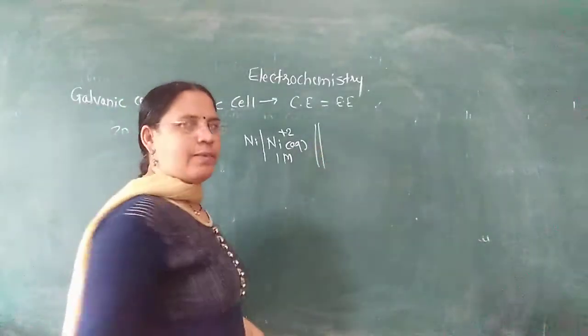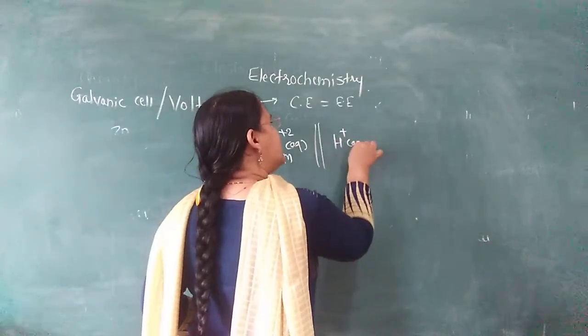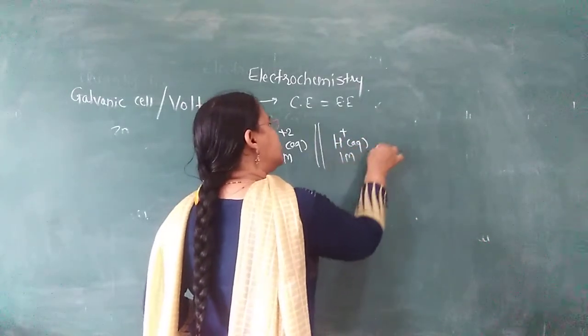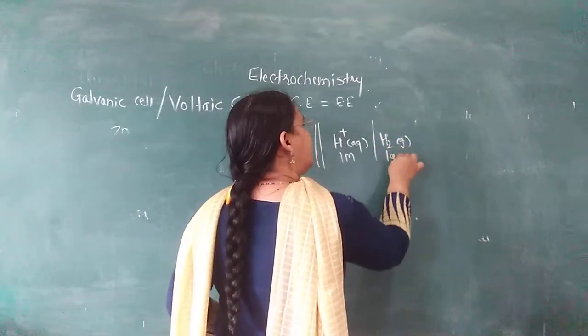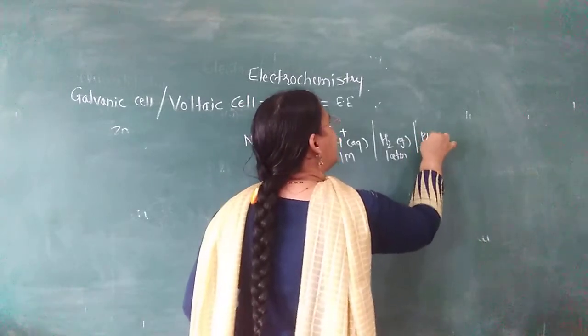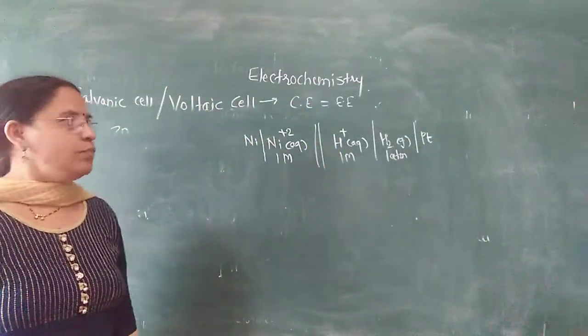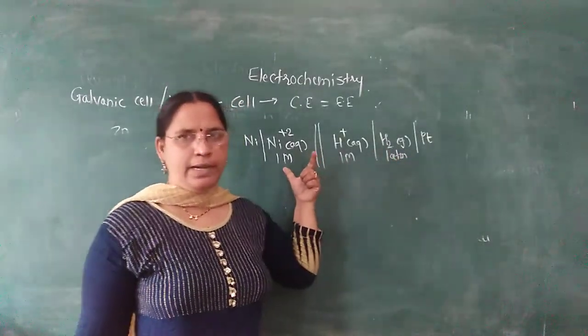It is connected by the salt bridge to H+ ion aqueous having 1 molar concentration. H+ ion is obtained from H2 gas having 1 atmospheric pressure, and the electrical contact is made using an inert metal like platinum. So this one is the second half cell. This is a gas electrode, and this is a metal electrode.